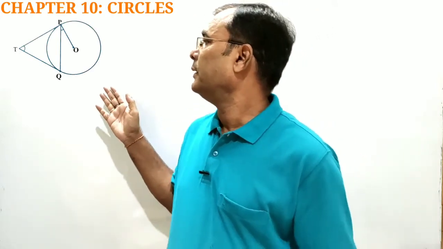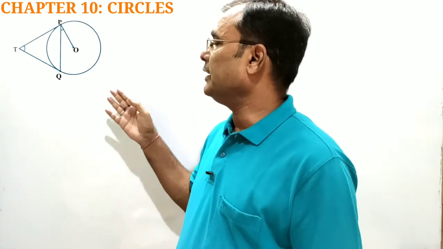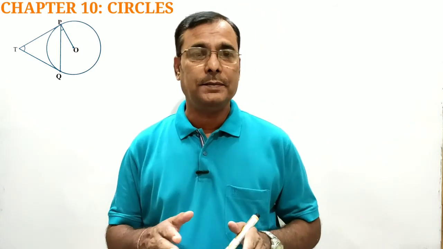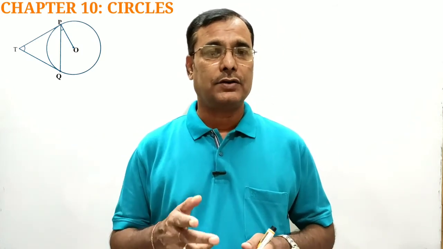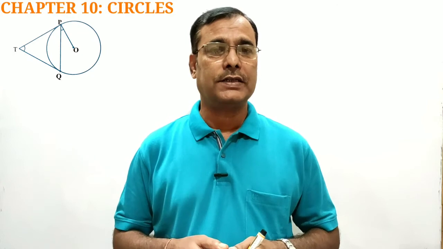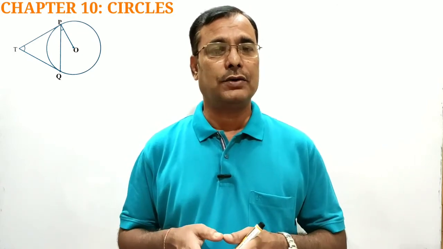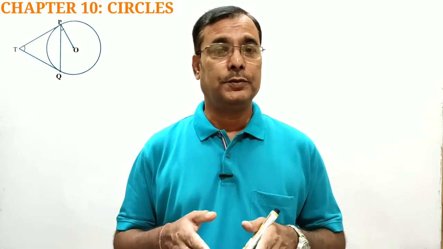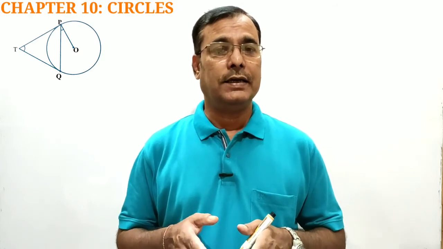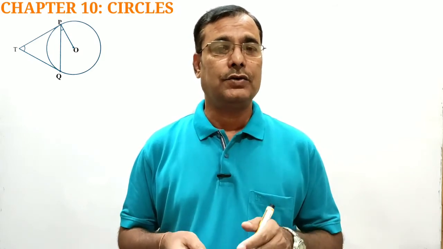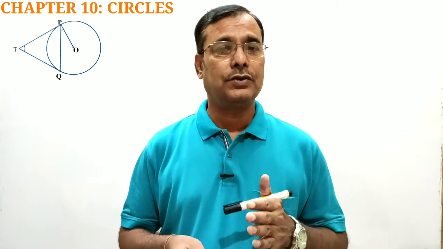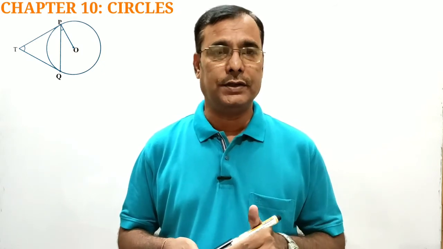Figure is shown here. In this figure, TP and TQ are two tangents drawn from external point T to the circle with center O. We have to prove that angle PTQ is equal to 2 into angle OPQ.